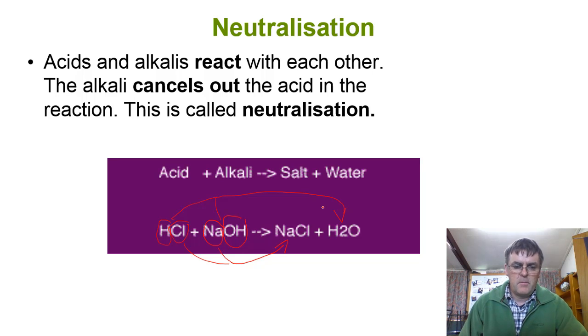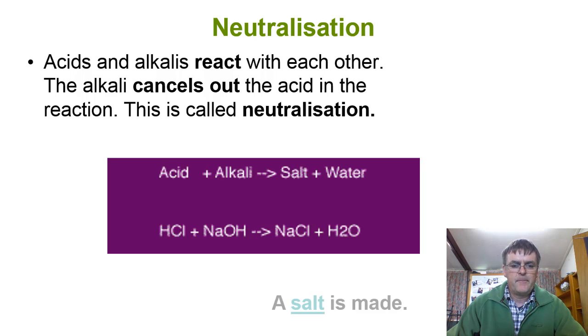So the metal part of the alkali and the other part of the acid go together to make whatever salt it is that we end up making. And the hydrogen ions and the hydroxide ions cancel each other out and leave us with water.